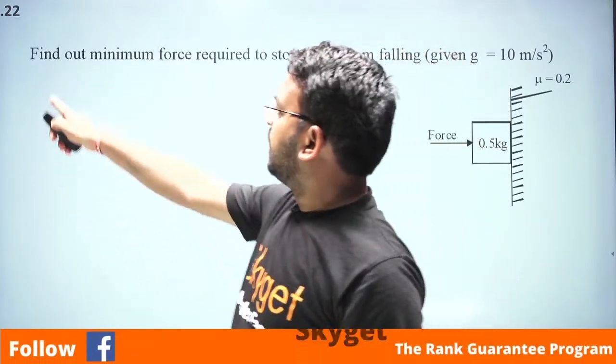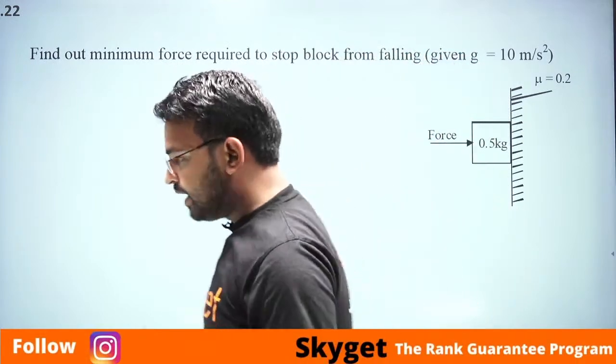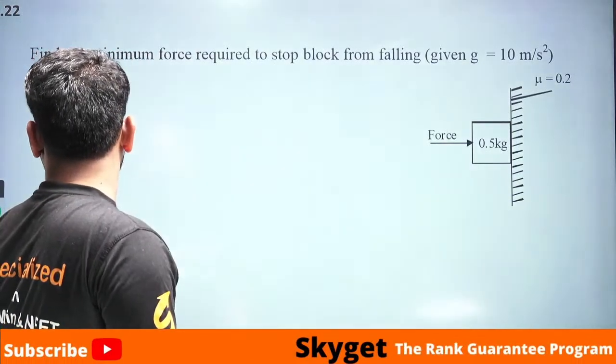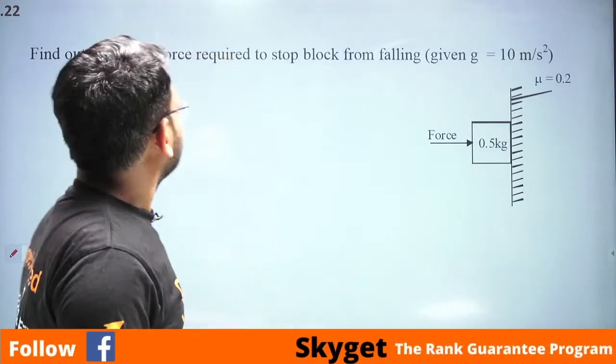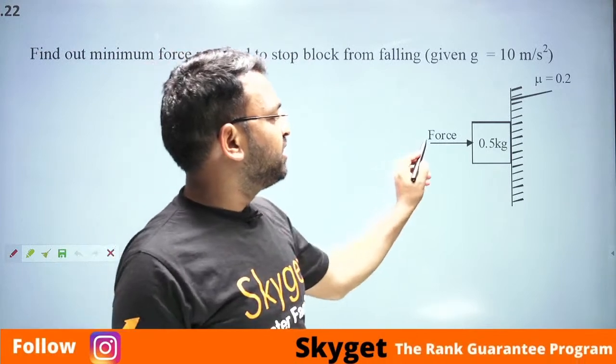Now the second question: find the minimum force required to stop the block from falling. They are asking for the value of the force which is required so that this block may not fall. Now in this question, what will be able to stop this? You can see there is one force over here.